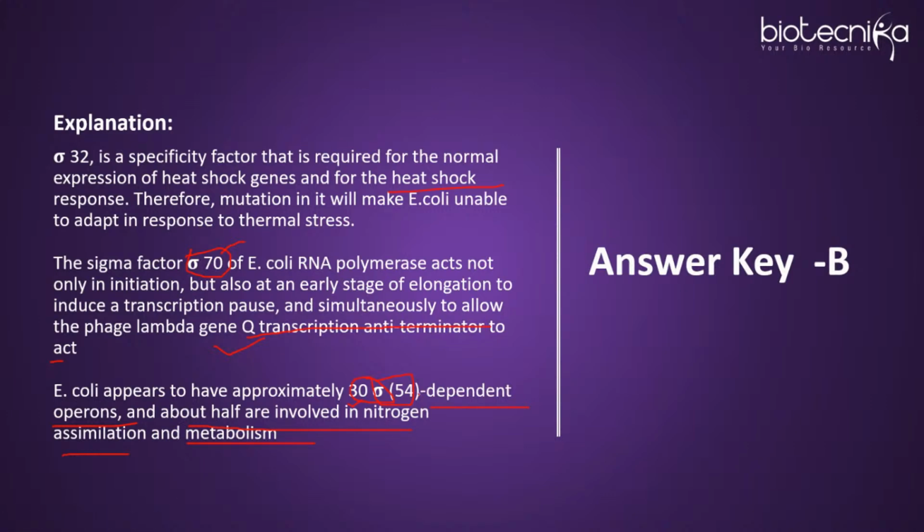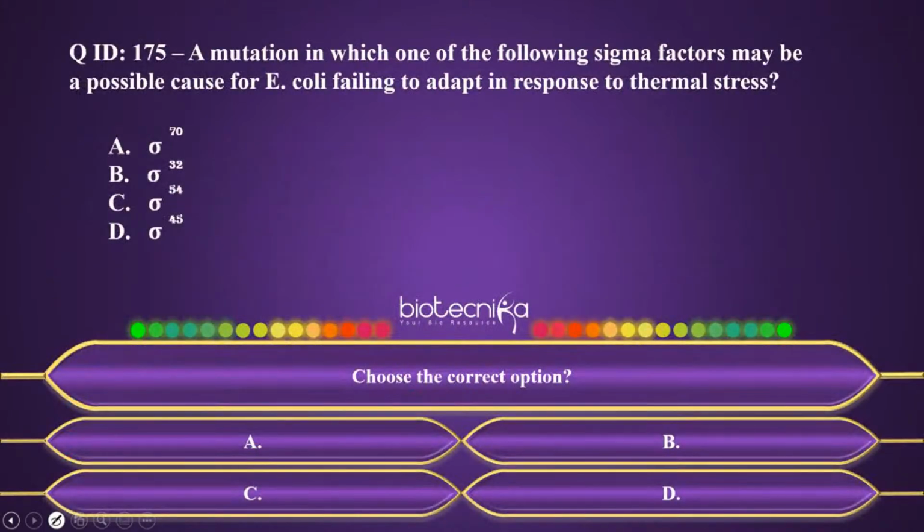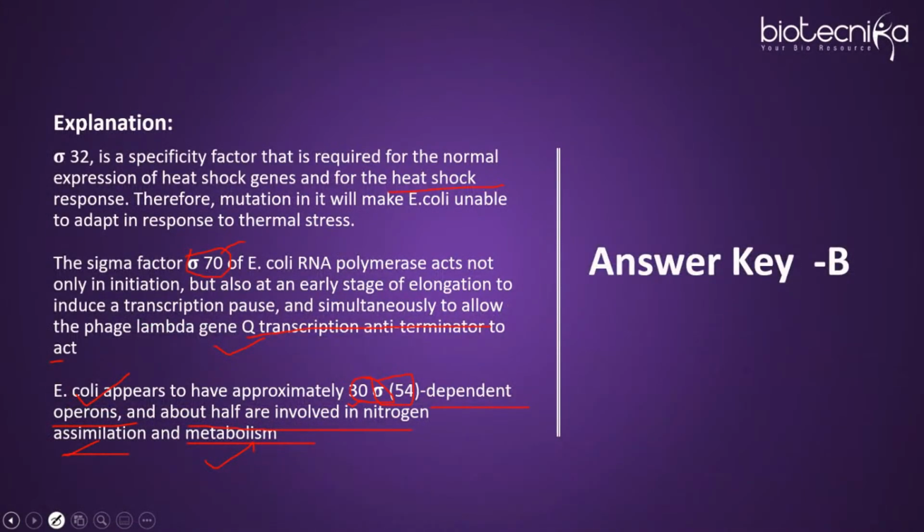So sigma 54 is responsible for nitrogen assimilation and metabolism. For this question, option B is the correct one. This is extra information regarding the sigma factors that I have given you, so you can note it down somewhere.